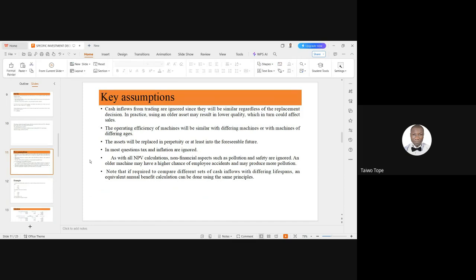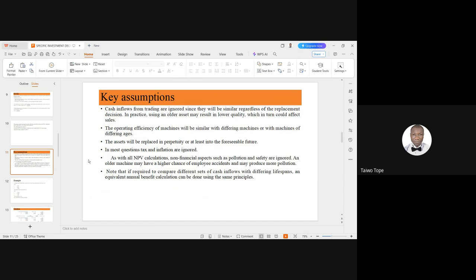To take this further, there are key assumptions. The cash inflows from trading are ignored since they will be similar regardless of the replacement decision. In practice, using an older asset may result in lower quality, which in turn could affect sales, and the operating efficiencies of machines will be similar with differing machines and with machines of different ages. The asset will be replaced in perpetuity, or at least into the foreseeable future. In most questions, tax and inflation are ignored.